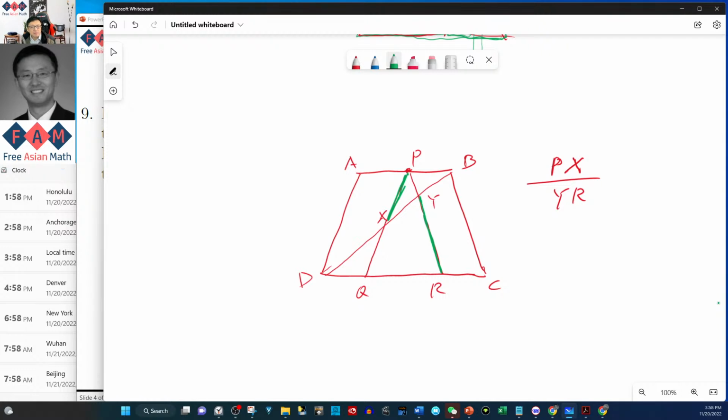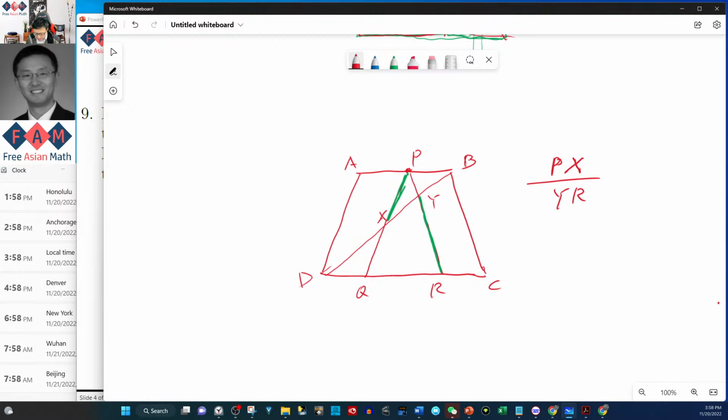But the first thing in geometry is that when you have a problem, you look really closely at the things that you are being asked to prove or solve, and make sure that you identify the relevant quantities, and how they're connected with the rest of the diagram or the figure. So PX and YR, how do we get PX? Well, P is the midpoint of AB. X is the intersection of this PQ segment and BD segment.